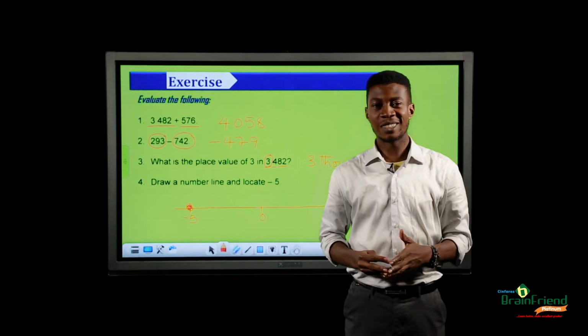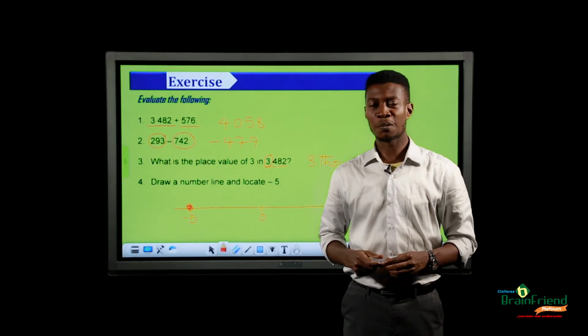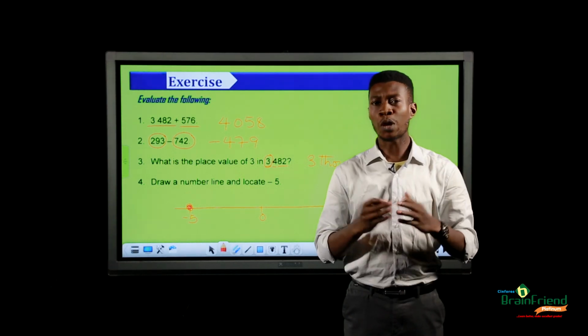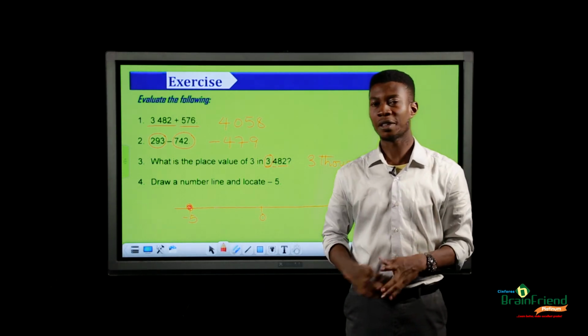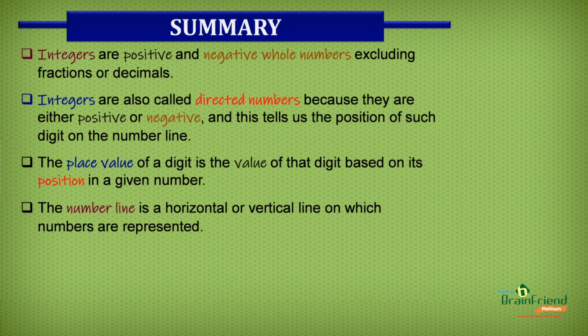With all these, we've come to the end of this lesson. But before you go, let's take a quick summary of all we've learned so far. First, we learned that integers are positive and negative whole numbers, excluding fractions or decimals. We also learned that integers are also called directed numbers because they are either positive or negative, and this tells us the position of such digits on the number line.